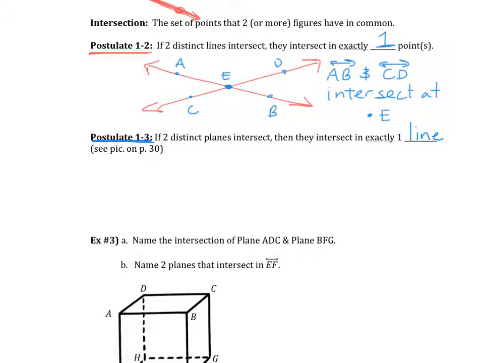And if you want to make a note in your notes, on page 30 in your book, you can open your book to page 30 if you would like. There's a picture there. I'll sketch it for you, but I don't do it justice. You'll have a plane that goes like this.